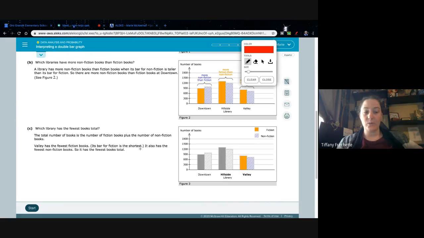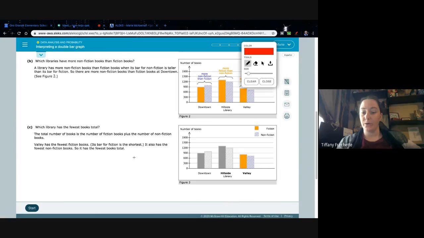Okay, the last question said, which library has the fewest books total? In order to know that, we would need to make sure we're looking at the numbers. With this one, this line is above both of these other 2 lines that they left in color. So this one's a little easier to see without actually looking at the numbers or estimating anything.